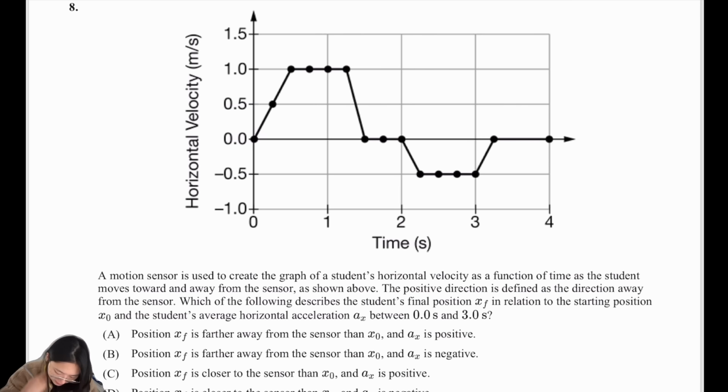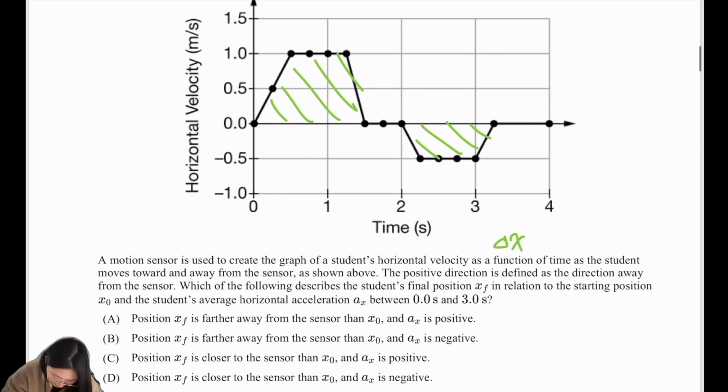Okay, so first off, this is a velocity versus time graph. So the area under the graph represents the change in position, or the displacement. So this is the starting position, and this is where the final position must be. If I calculate the area under the graph, then obviously the positive part is greater than the negative part.